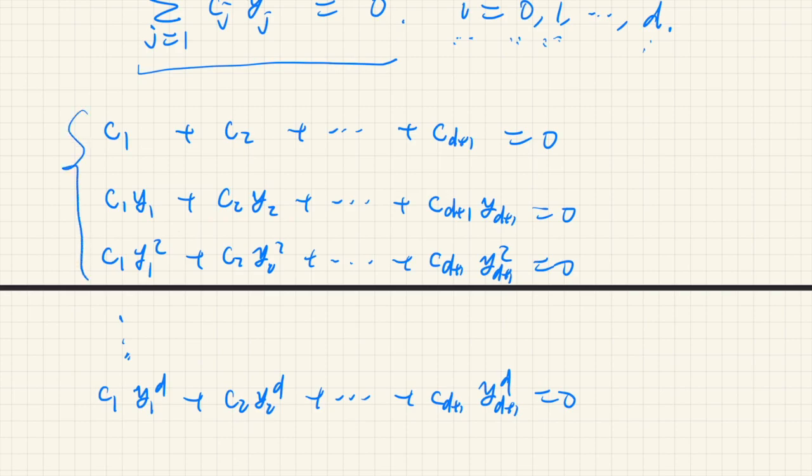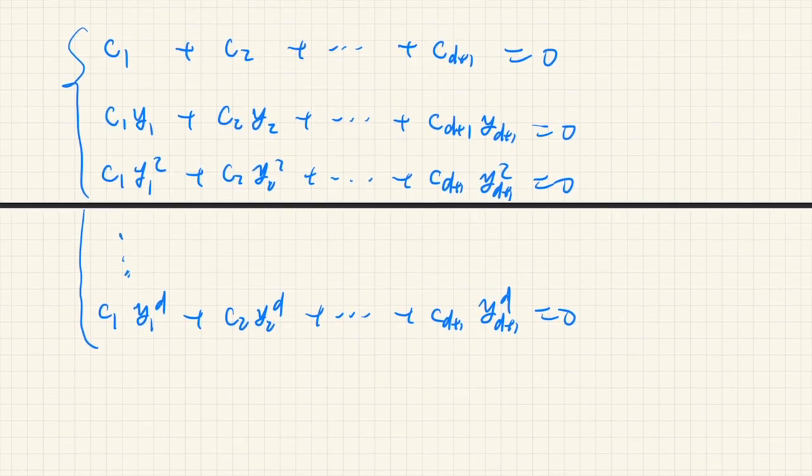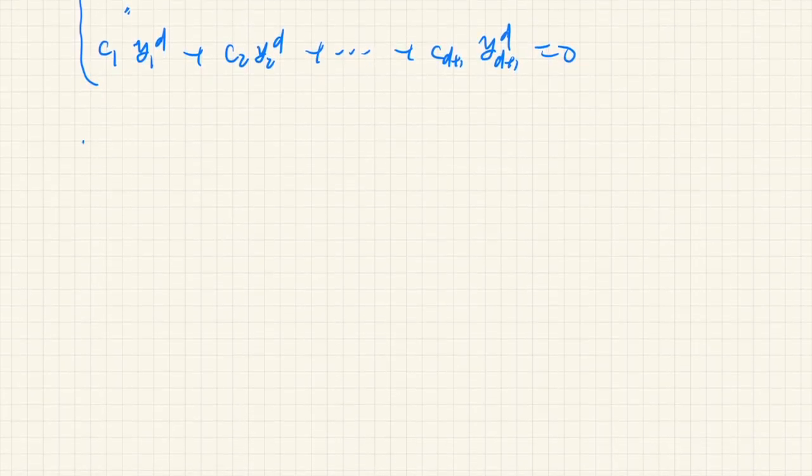So we have these simultaneous equations. Now, let's represent these equations in matrix vector format. So that becomes this.